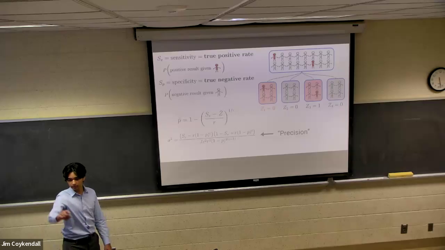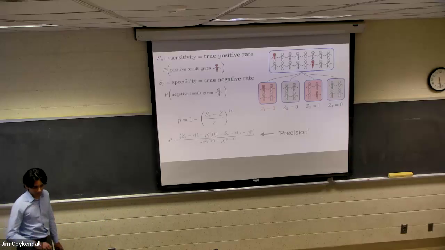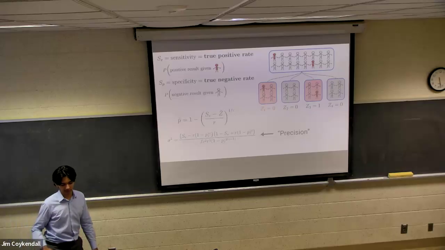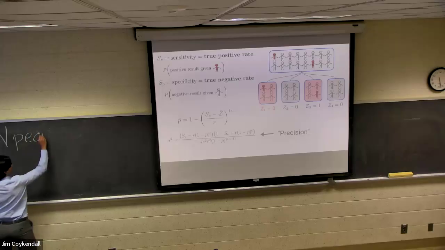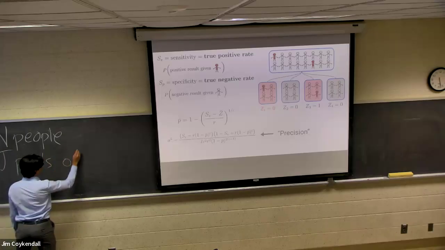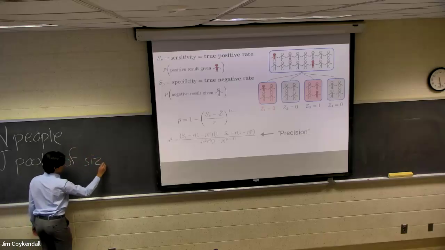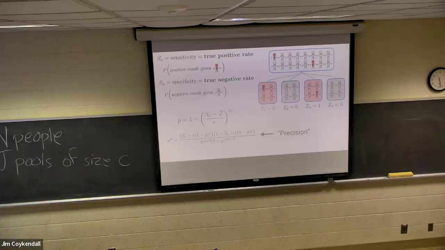Question: what is J, what is R? I can explain that in a bit more detail. J, so in group testing, the notation I'm using is you have n people, in our case it was 16, you divide them into J pools of size C. So that's the notation we use.